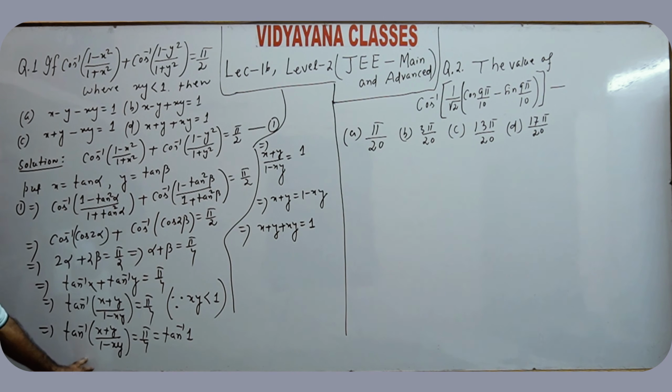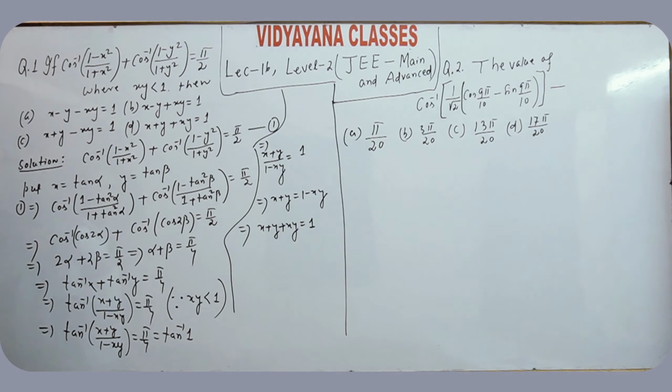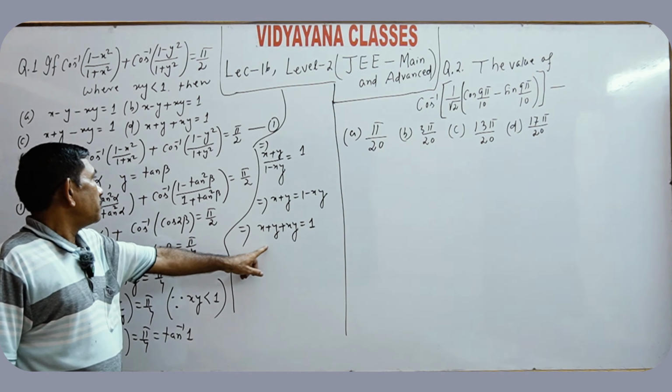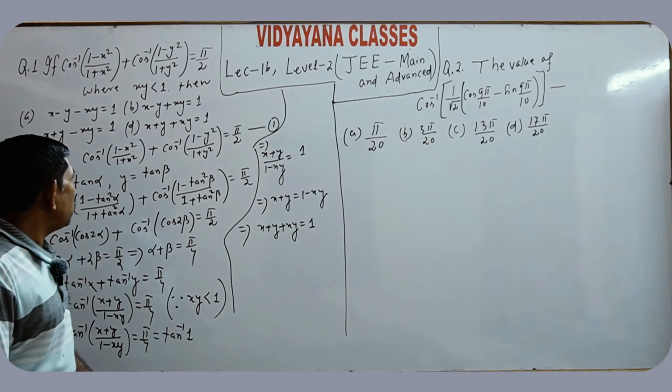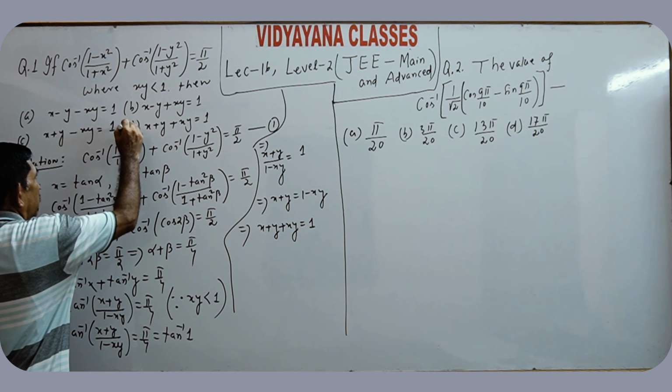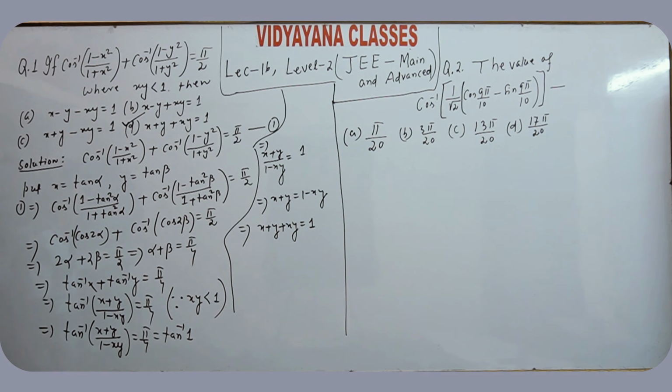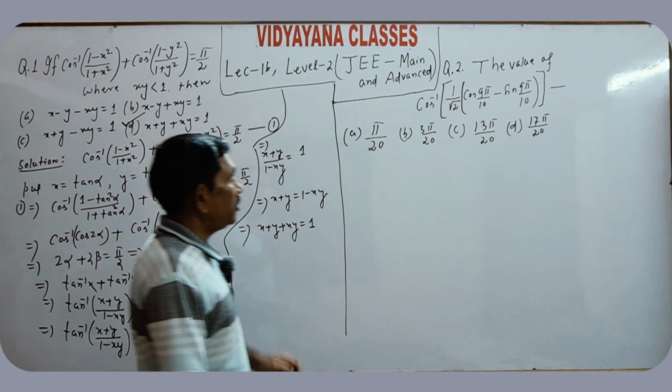Here tan inverse of this is equal to tan inverse 1, so this is equal to 1, which implies x plus y plus xy is equal to 1, so the correct option is D. Clear? Okay. Next question number 2.